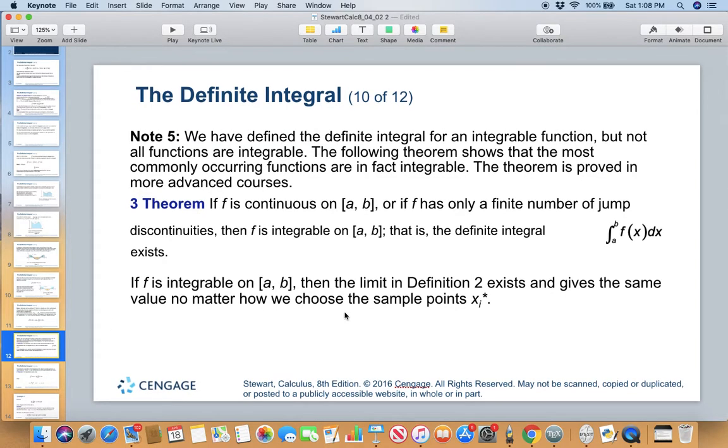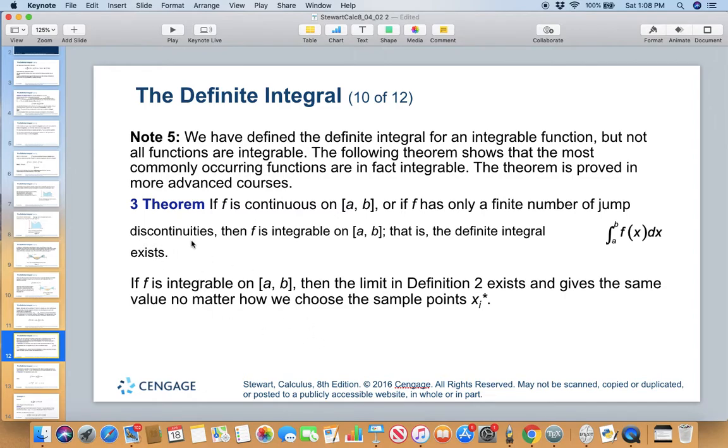Okay, so when does that limit exist? If f is continuous, that limit does exist. Or if it is not continuous, then it has only a finite number of jump discontinuities. What we don't want are discontinuities which go to infinity or negative infinity. That is the infinite discontinuities.